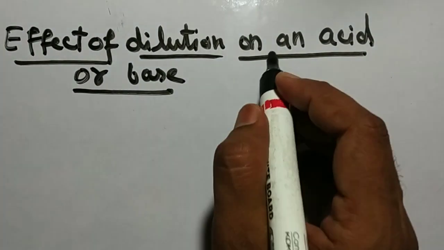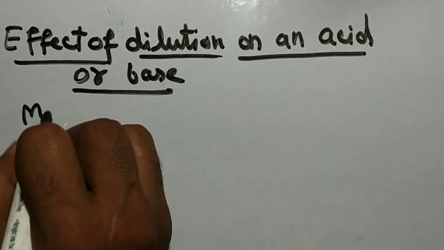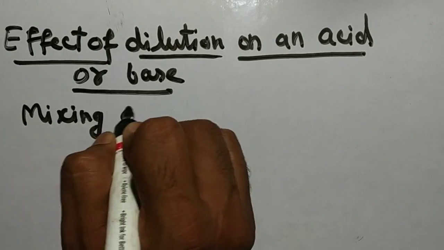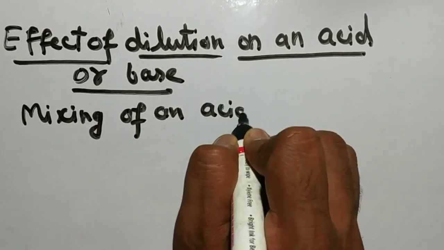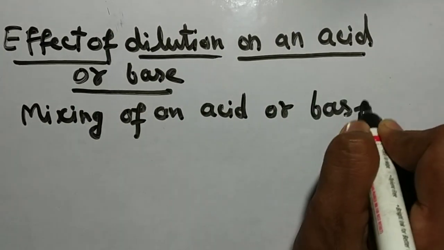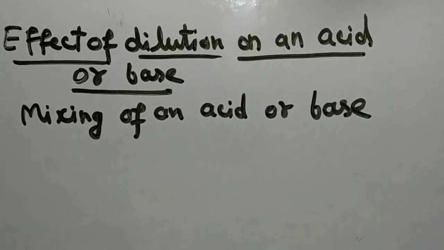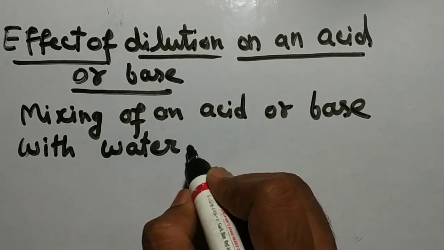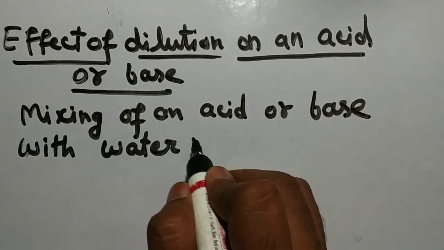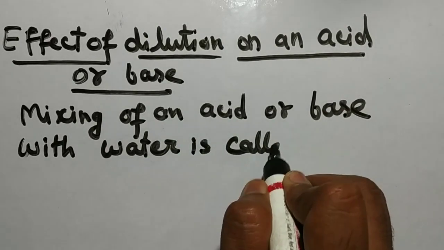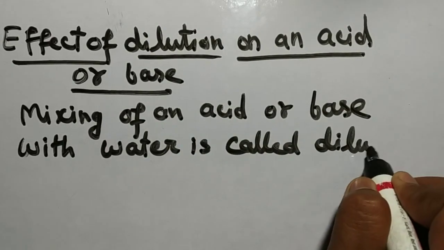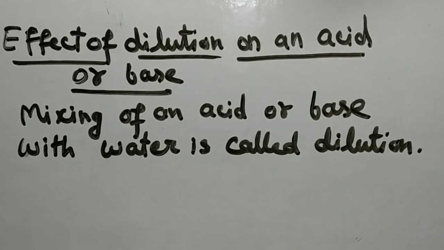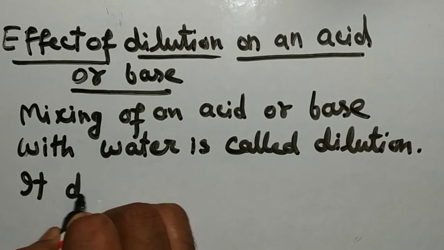So dilution simply means the mixing of an acid or base with water is called dilution. Note it down. The mixing of an acid or a base with the water is called dilution, and it decreases.